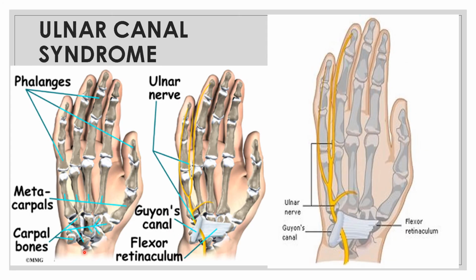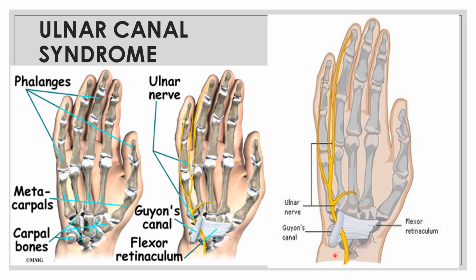So these are the carpal bones, and this is the thumb, this is the lateral side, and this is the medial side. The ulnar nerve leaves the wrist and enters the hand by passing through the ulnar canal or Guyon canal, which I previously told you.